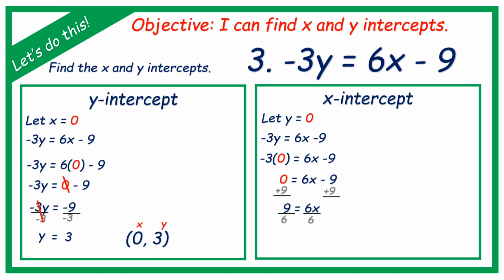Divide 6 on both sides. Just like that. Okay, then we can cancel now 6, leaving us x isolated. Then our answer, x equals 9 over 6, or x equals 3 over 2, or 3 halves. Again, if our y is 0, our x is 3 over 2, or 9 over 6. You got it. Just like that.